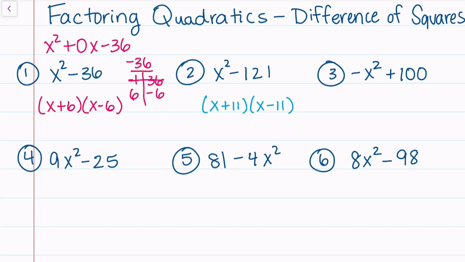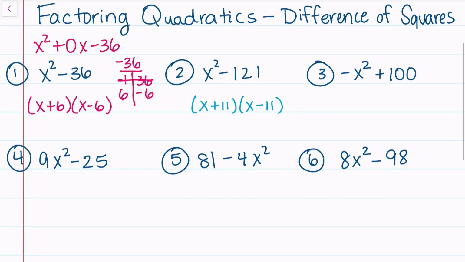Now, sometimes the difference of squares might be hidden behind a GCF or something like number 3 where there's a negative x squared. Anytime we have a negative x squared, we're always going to want to start by factoring out a negative 1 at least. So here I could take out a negative 1, and that would leave me with positive x squared and negative 100, because 100 divided by negative 1 is negative 100.